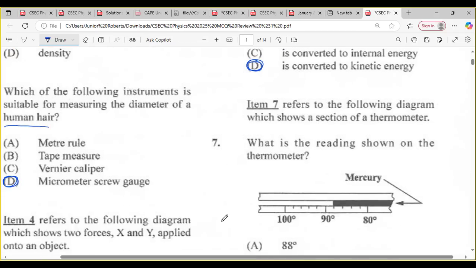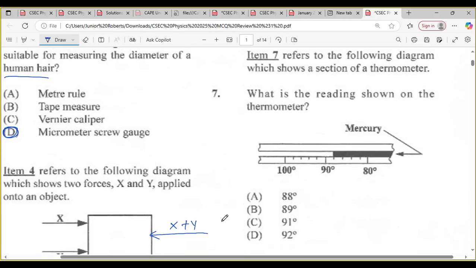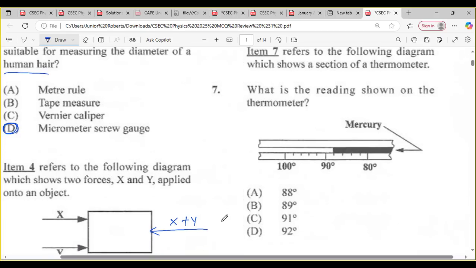Number 7 now says that item 7 refers to the following diagram, which shows a section of a thermometer. What is the reading shown on the thermometer? So they want us to determine the reading on this right here. We have 80 right here, and we have 90, and we see that we have 1, 2, 3, 4, 5 divisions from 80 to 90.